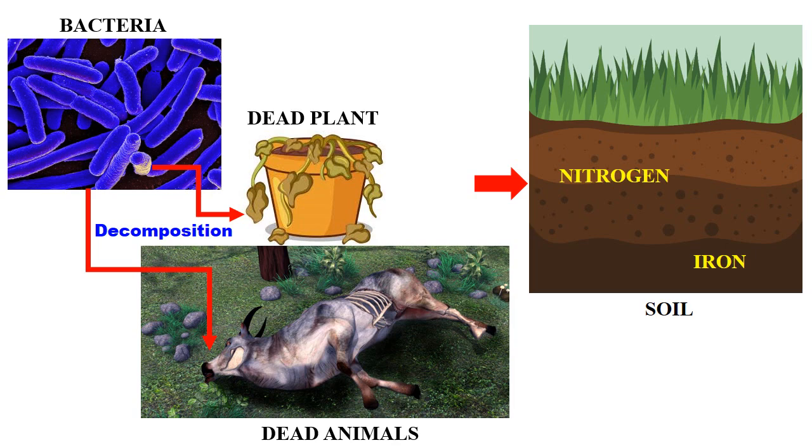From there the plants get nutrients, nitrogen and iron, which are very essential for the growth of plants. Okay, so in this way the decomposition process takes place.